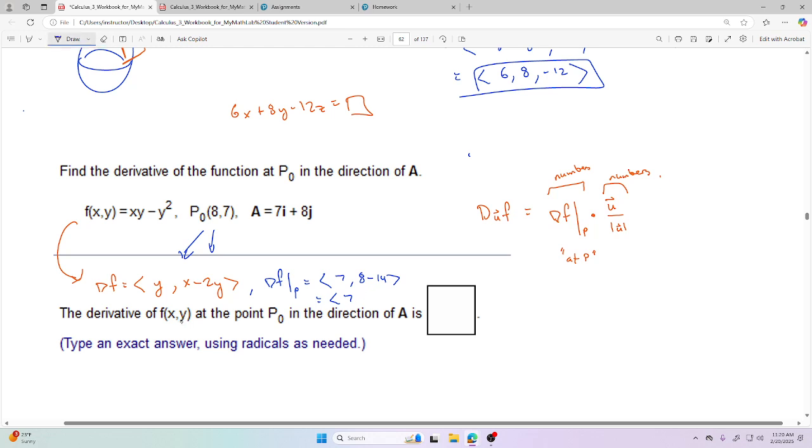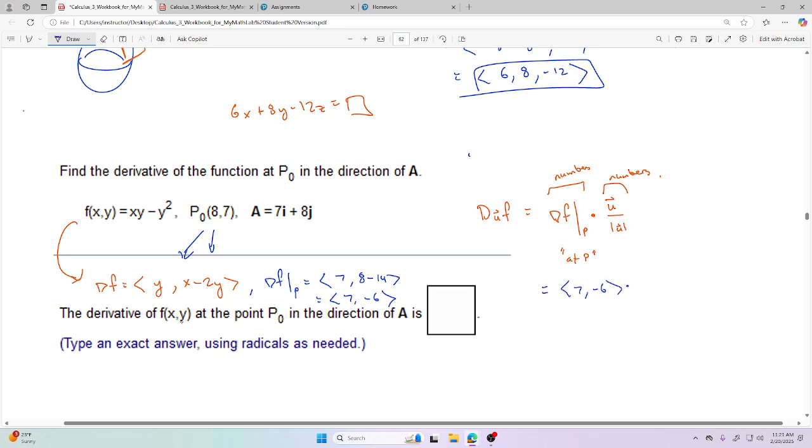Are y'all okay taking some derivatives and then plugging it in? The math isn't that bad. Sometimes it's like, what are you asking for? Because they got the derivative. It's just the directional derivative. That's what they're asking for. So this is one half of my directional derivative, this half right here.